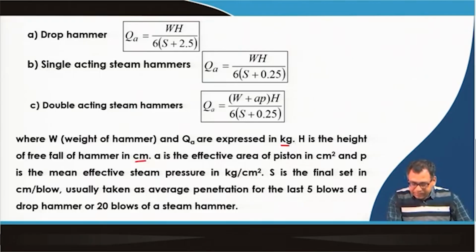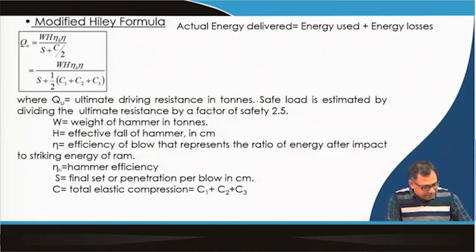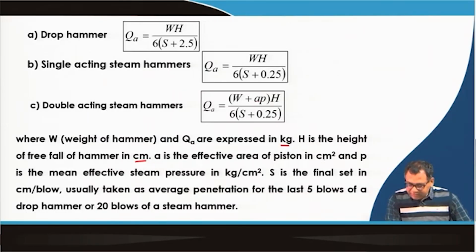Here A is the effective area of the piston, in centimeter square. P is the mean effective steam pressure, in kg per centimeter square. S is the final set in centimeter per blow.